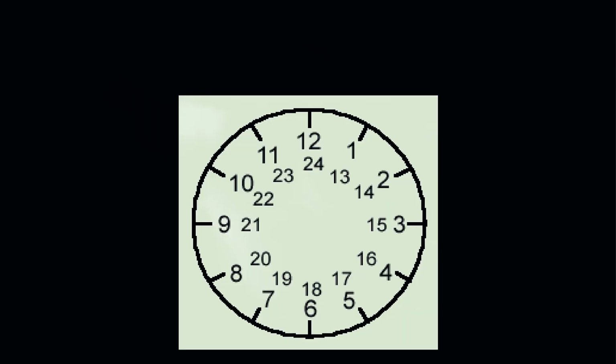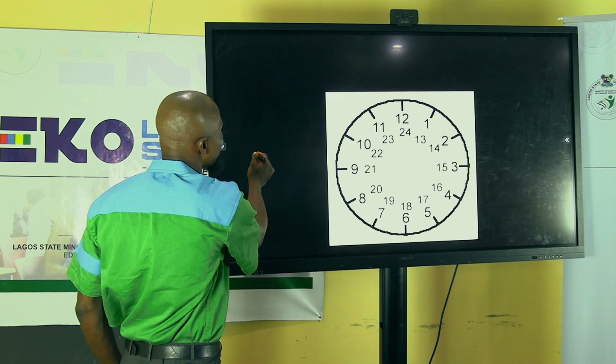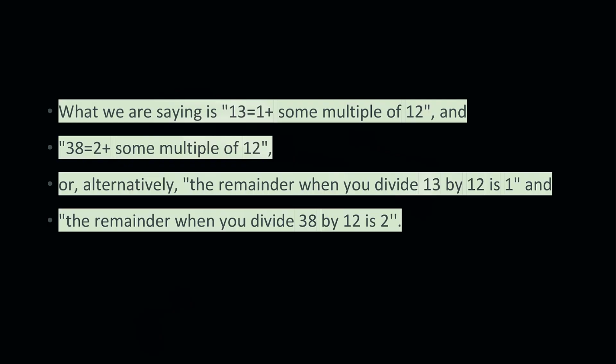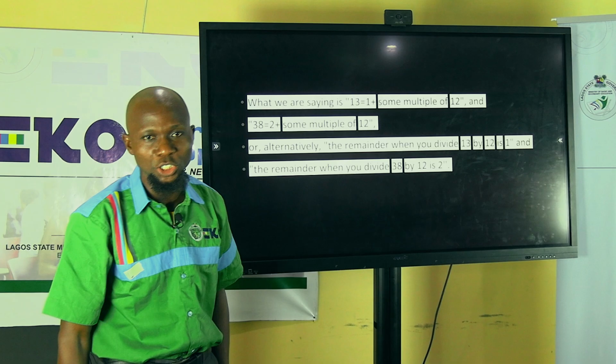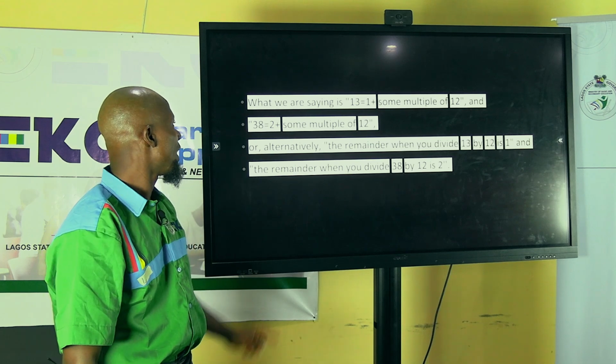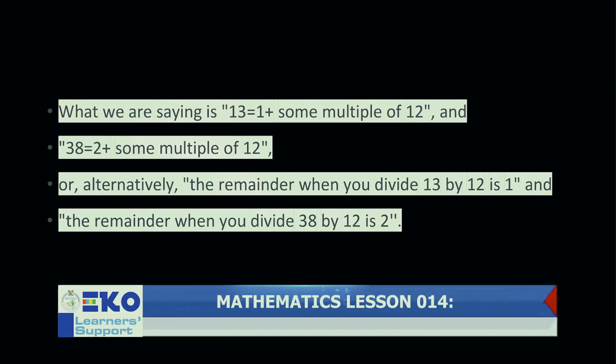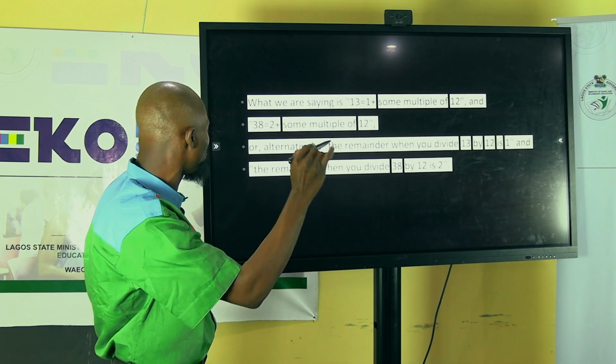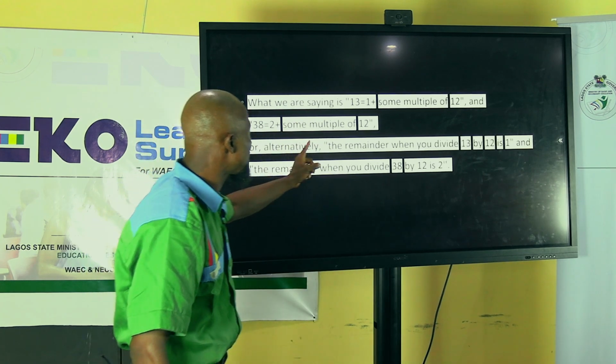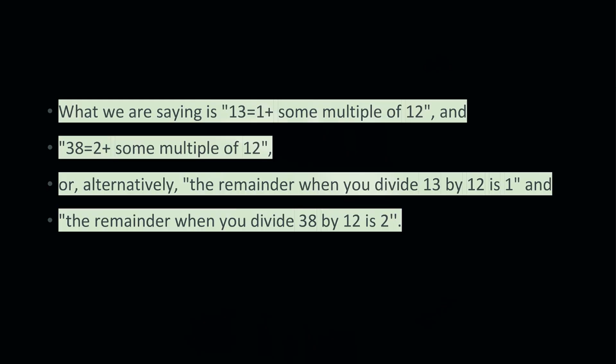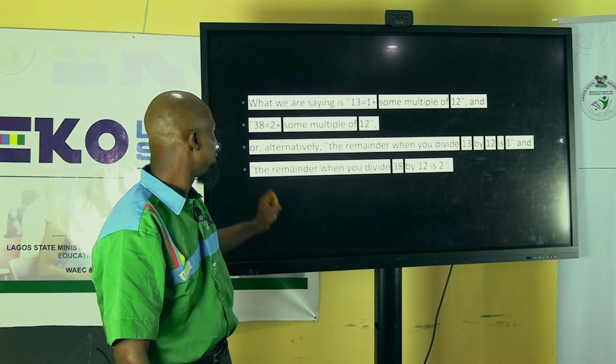So in this case, we realize that 13 is 1 plus some multiples of 12. And 38 is the same as 2 plus some multiples of 12, because instead of getting to 38, it will give us 2. Alternatively, the remainder when you divide 13 by 12 is 1.